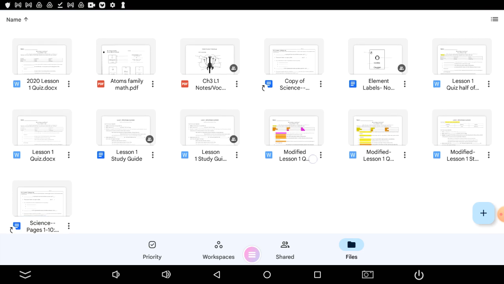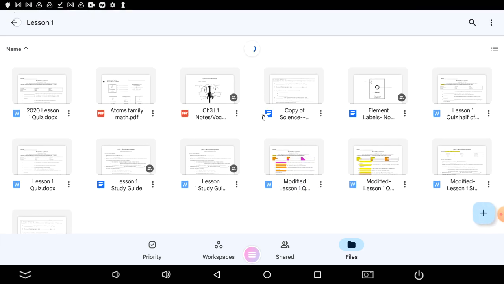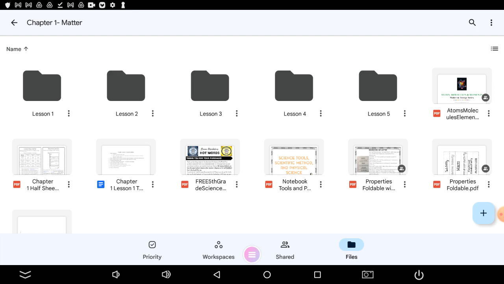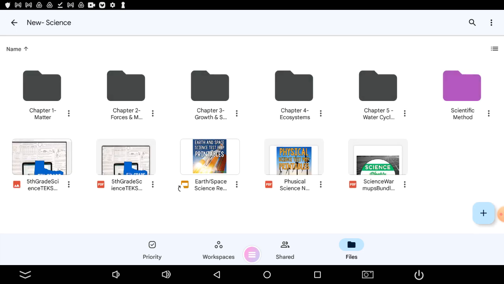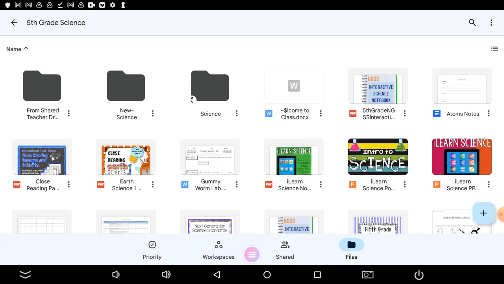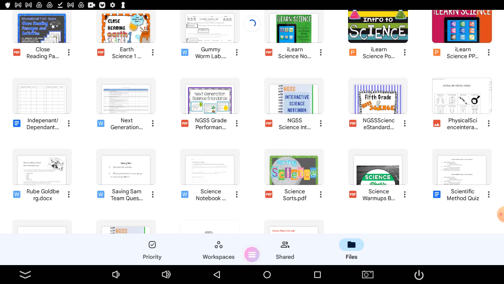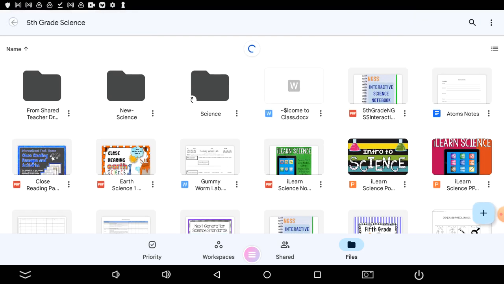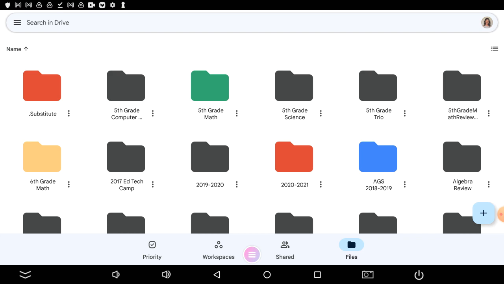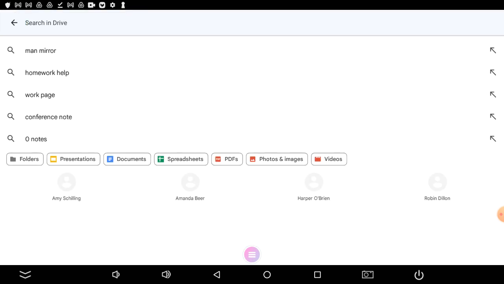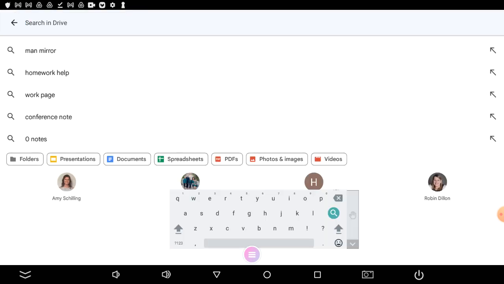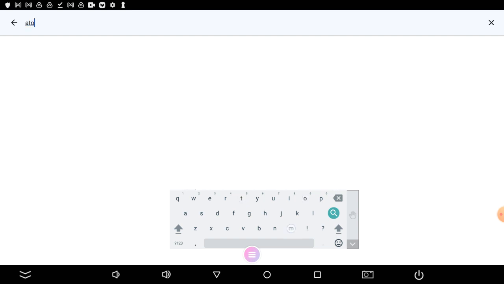Let me see if I can find it real quick. Not Atom's Notes, that's something different. Let me just search for it. But it was a fully typed piece of paper over protons, neutrons, electrons, nucleus, outer shell.